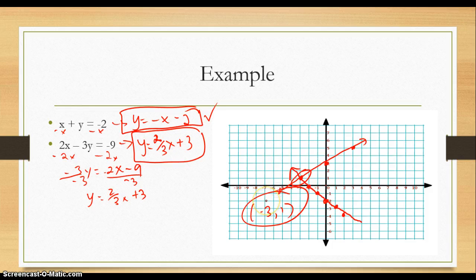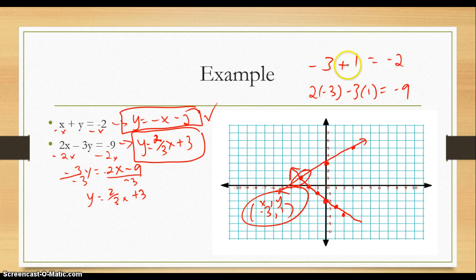So now, I'm going to check it algebraically. Plugging this back in. I know this is my x value and this is my y value. So plugging them back into the equation. So I have -3 plus 1. I have 2 times -3 minus 3 times 1. And I need these to equal -9. And I need this to equal -2.